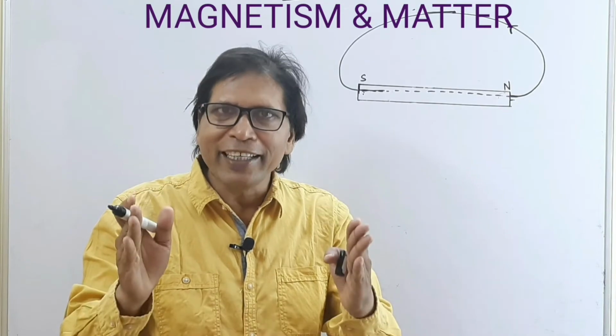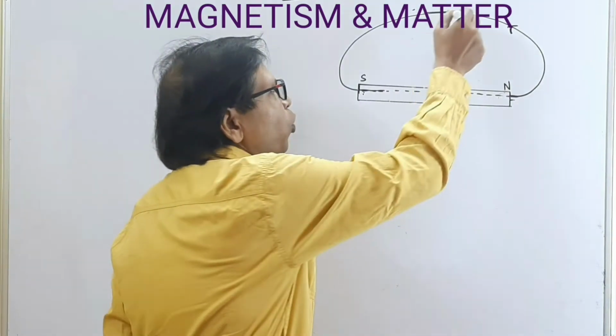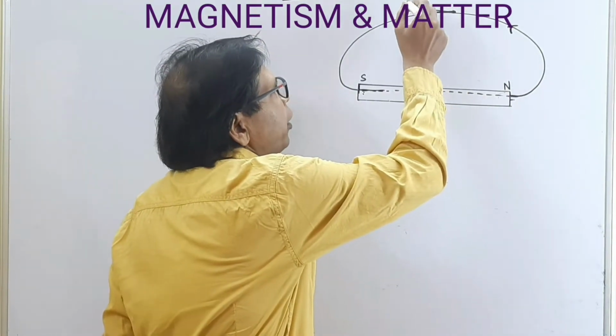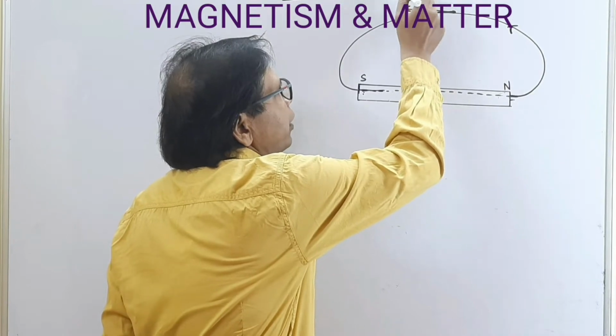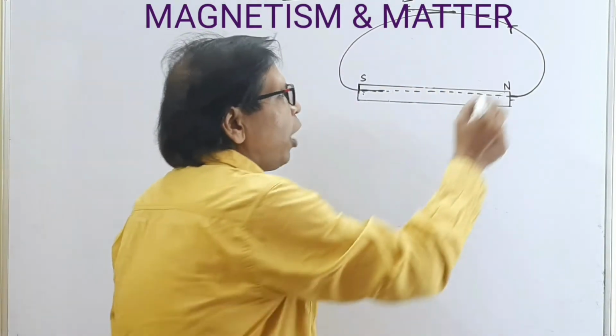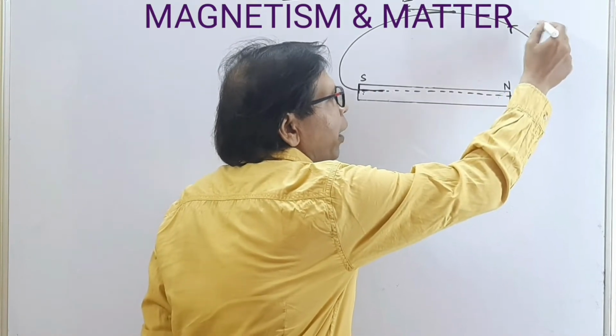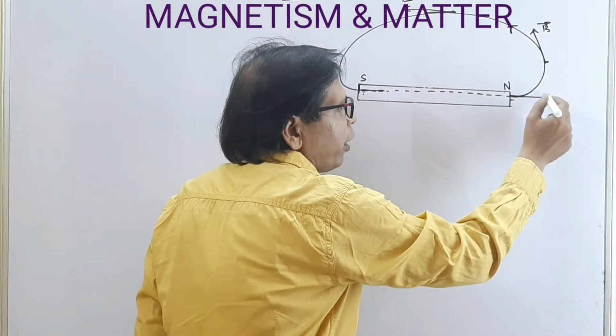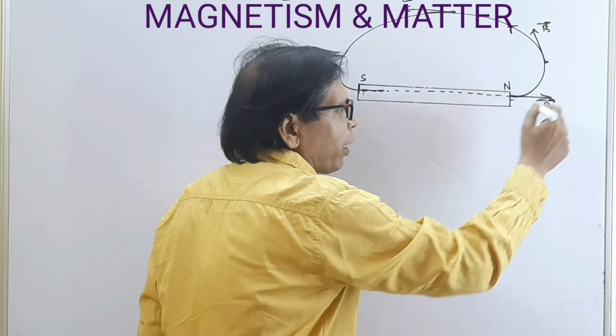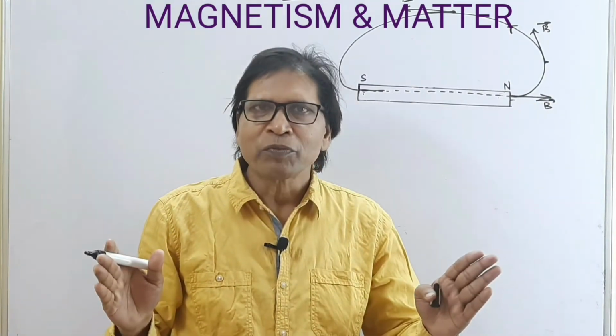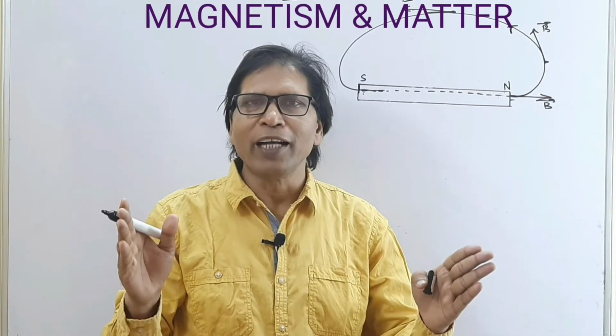Now the tangent at any point, look at this, at this point represents the direction of magnetic field. Now this point represents the direction of magnetic field. This point represents the direction of magnetic field. Okay? Now properties of lines of force.